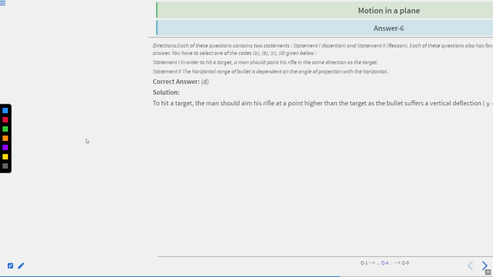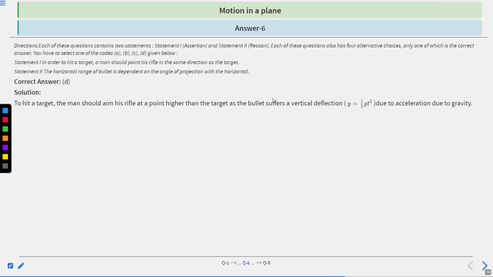Let's find a solution. According to the question, statement 1: a man should point his rifle in the same direction as the target. And statement 2: the horizontal range of the bullet depends on the angle of projection with the horizontal.